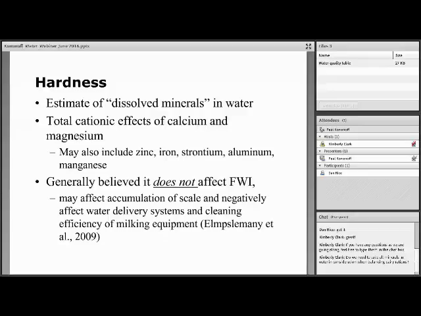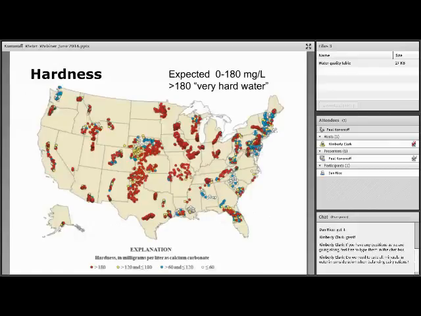Where it comes into play in dairy production is it may affect the accumulation of scale, or that buildup you may see on water handling devices or water delivery devices. And this may affect the cleaning of milking equipment. So any time you have a high bacterial count in your milk, it may be a result of high water hardness and scale, which is affecting the water flow through that system.